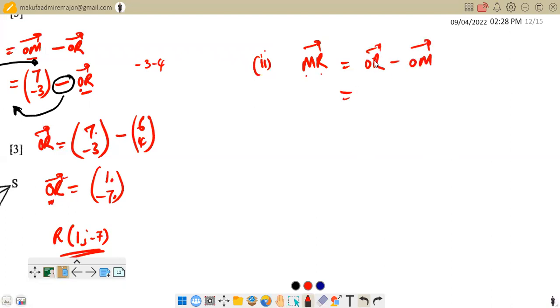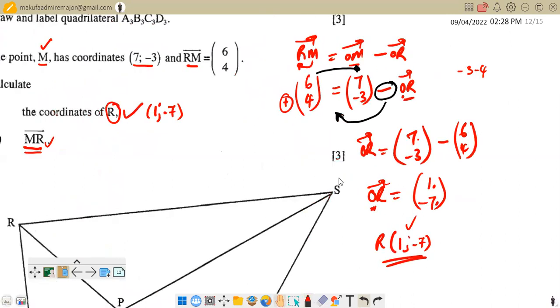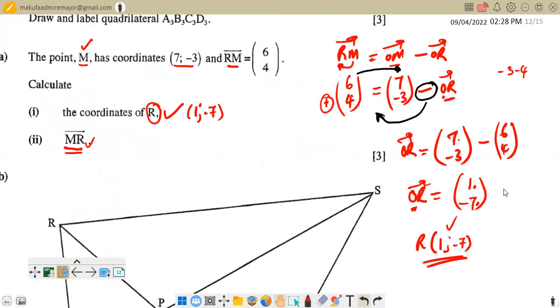So we need the point. If you have got an error here on your point R, it means this question is also wrong, because for OR we need that R that we said as a vector form, that's (1, -7) minus OM, which is the coordinate of point M, and we are given that our M is (7, -3).